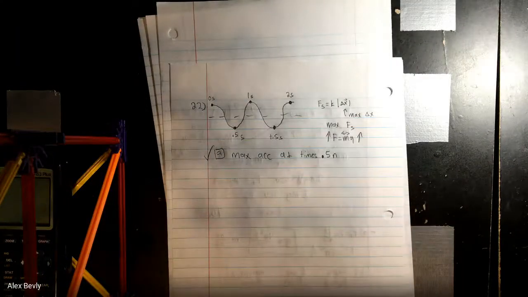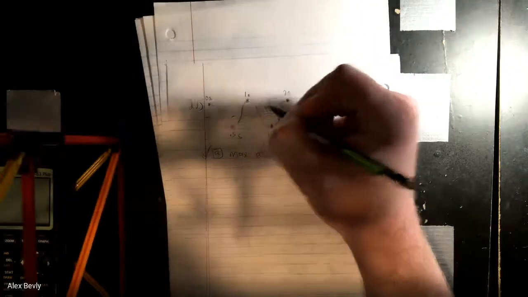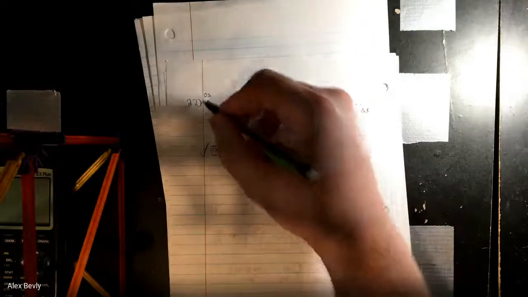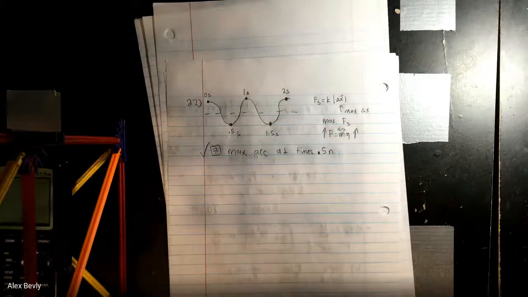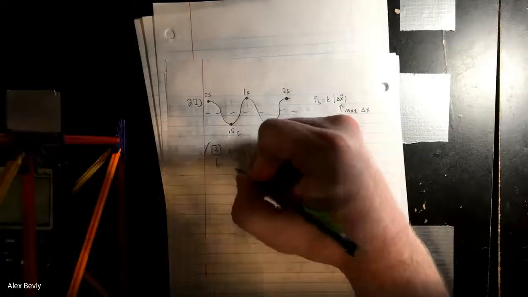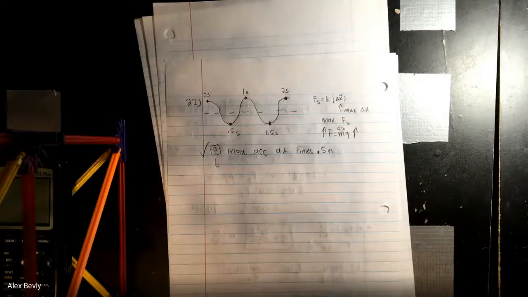Okay, good. All right, so B, the block has maximum spring potential energy at all times, 0.5 n, where n is an integer, a whole number. All of these are talking about these points here. So that's good. I don't have to redraw anything. So does it have the maximum spring potential energy there? What's my spring potential energy?